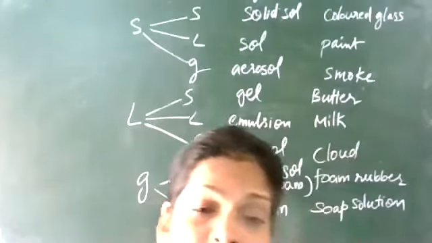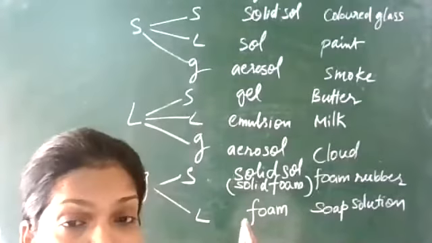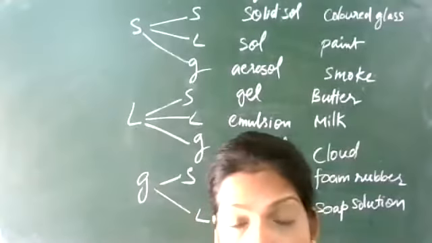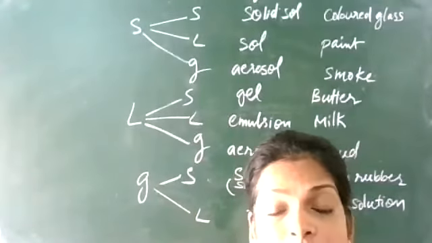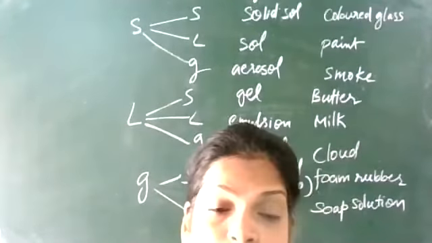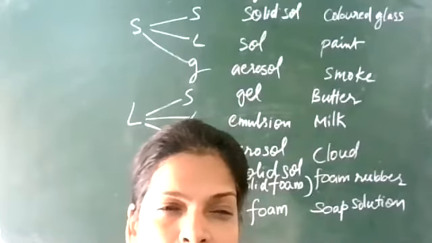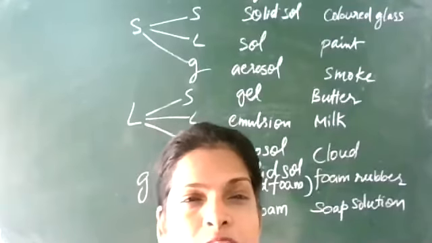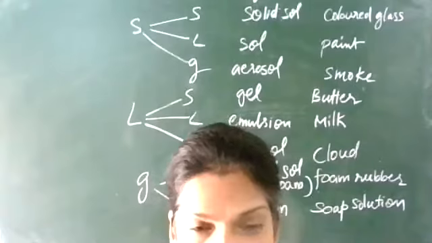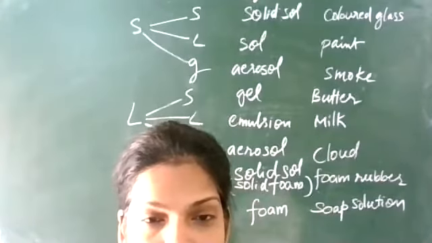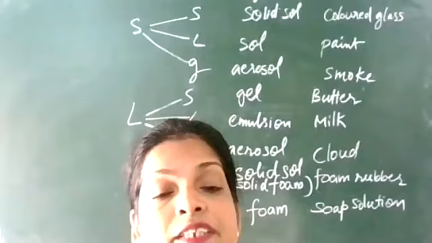Now, this is one type of classification. The next type of classification of colloids is based on the interaction between the dispersed phase and the dispersion medium. What is the dispersed phase? The substance which gets dispersed. What is the dispersion medium? The one in which the substance is getting dispersed.